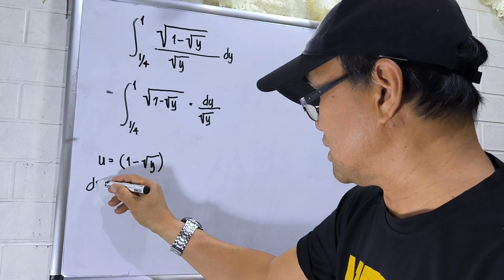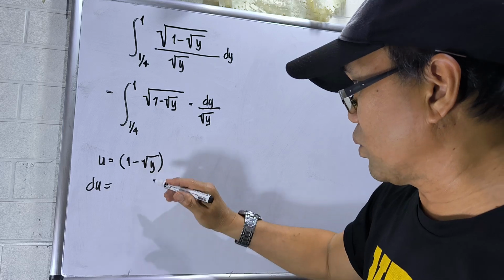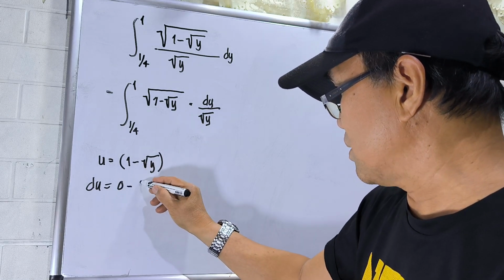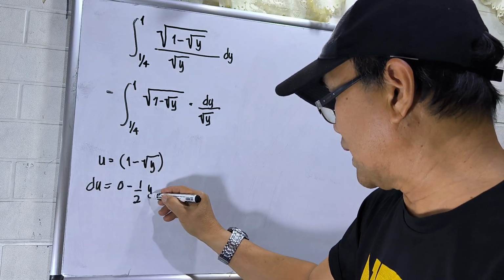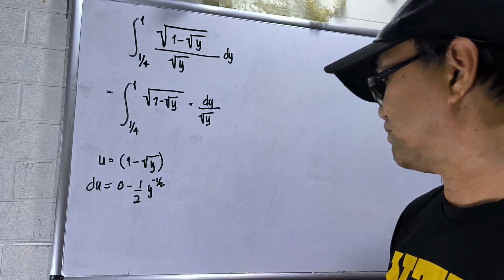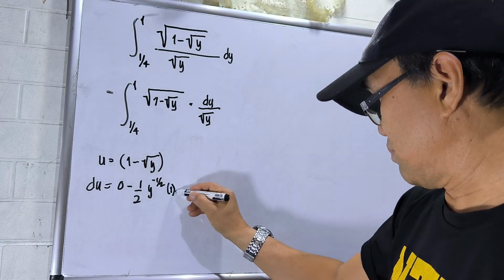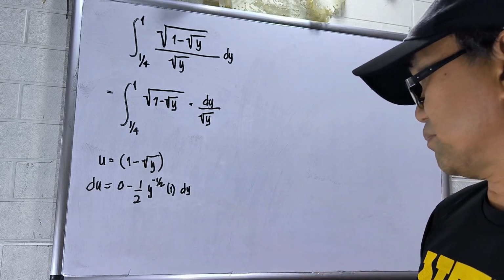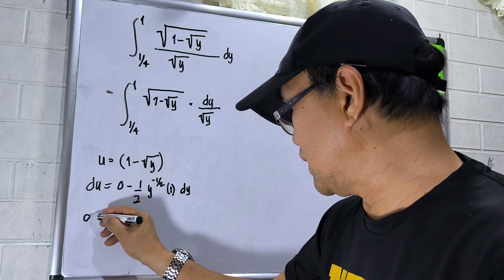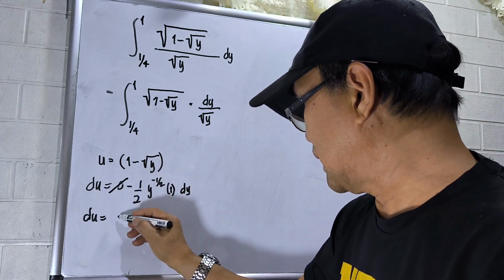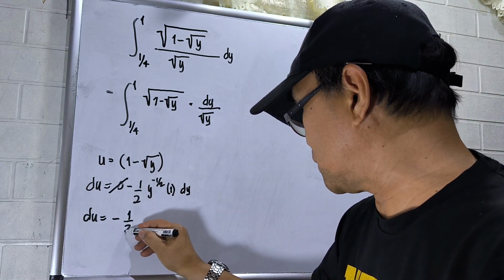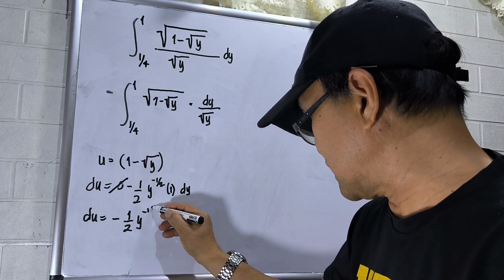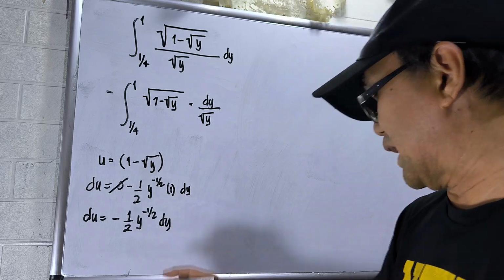So, differentiating with respect to y, this will be 0 minus 1 over 2 y raised to the negative 1/2 times 1, then dy. So du is equal to negative 1 over 2 y raised to the negative 1/2 dy.